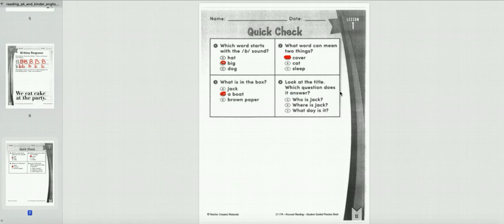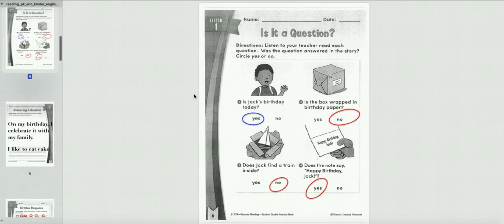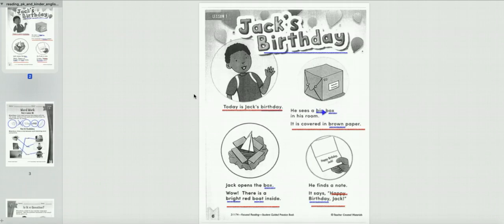Let's look at the next one. Look at the title. Which question does it answer? Who is Jack? Where is Jack? What day is it? So let's go back to the story to check. Here's our title, Jack's birthday.